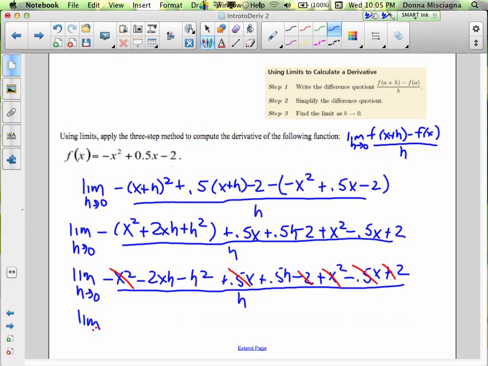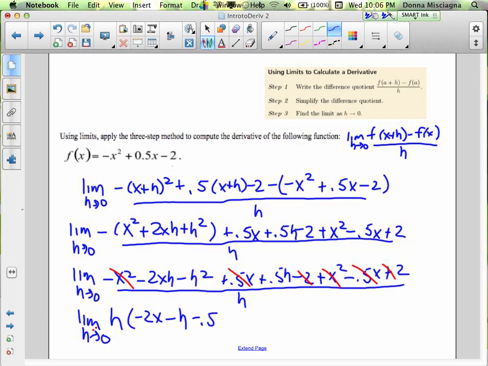Limit as h goes to 0. We know we're going to factor out an h. Everybody's got an h, right? So let's just factor out the h to begin with. So we can do a little reducing. All right, so then we'd have a negative 2x minus h plus 0.5.